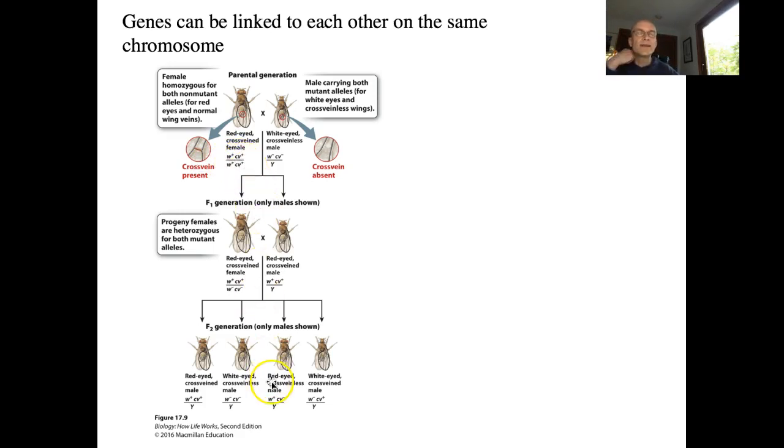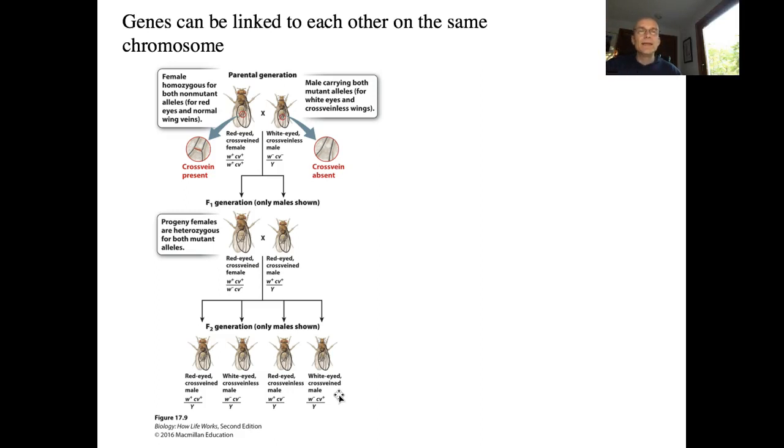But then you see something that is surprising. You see that there is a red-eyed individual with cross-veinless. So they have a plus and a minus on the same chromosome, and they have a minus and a plus in this particular white-eyed cross-veined male. So what does that mean?